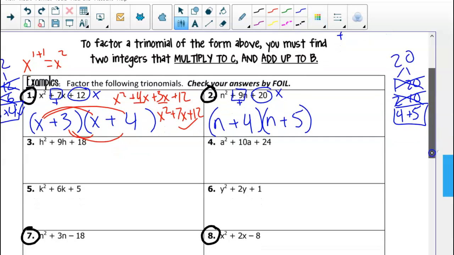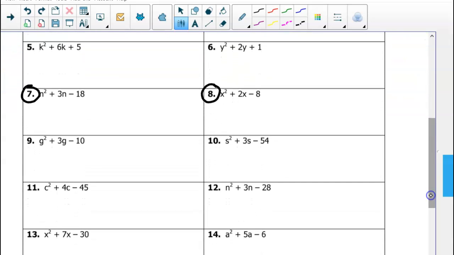Let's jump down to number 7. Now I need two factors that multiply to be negative 18 and add to be positive 3. With your negatives, it's a little bit different because you can think of your factors like we just did, but one of the numbers is going to have to be negative because we ended up with a negative.